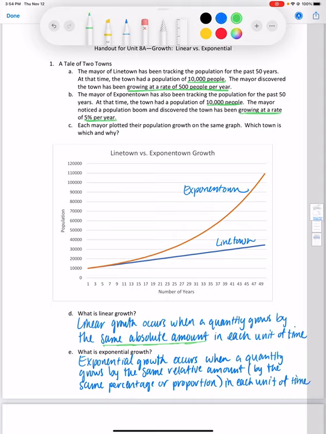And the key here is the same relative amount. So it grows by the same percent each time.